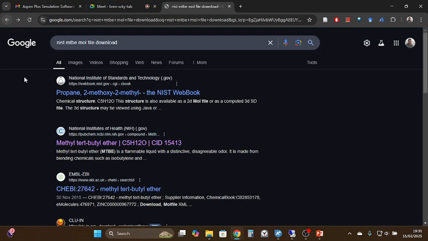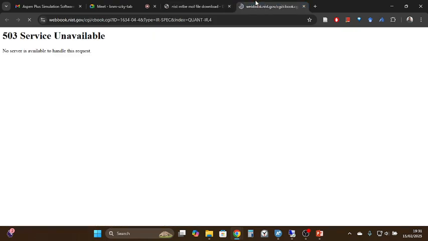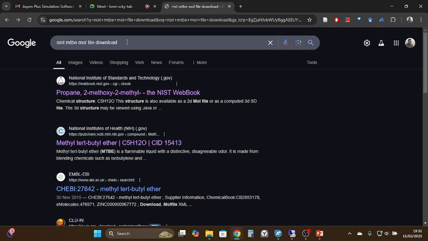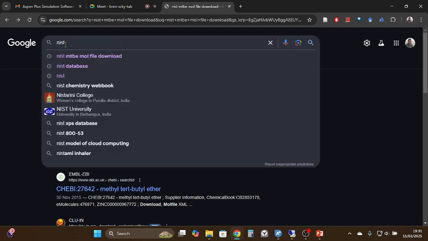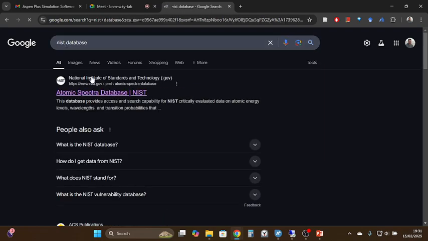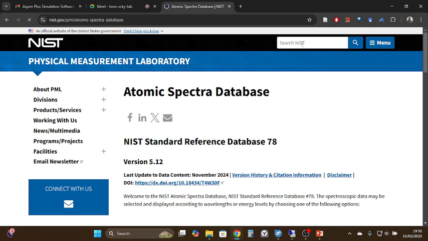Remember that Aspen is compatible with mol files. We cannot download any file format and then ask Aspen to use it. Let me just search for the database. MTBE.